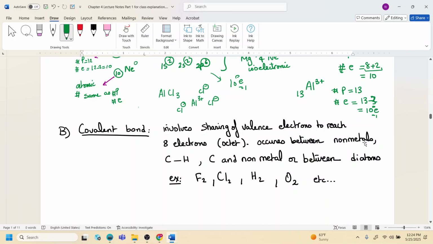These are between non-metals, between carbons and hydrogens. The carbon is a non-metal, hydrogen is a non-metal, between a carbon and any non-metal in the periodic table, or between atoms of the same type. We call them diatomics, like F2, Cl2, H2, O2, N2, and so forth.